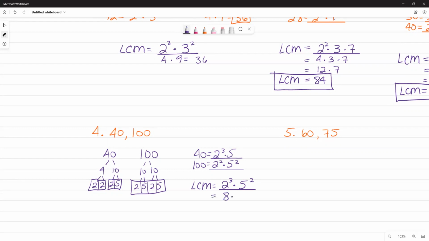So it's 8 times 25, because 2 times 2 times 2 is 8, and 5 squared is 5 times 5, which is 25. So 25 times 8, carry my 4, and so that is 200. All right, so the least common multiple of 40 and 100 is 200.